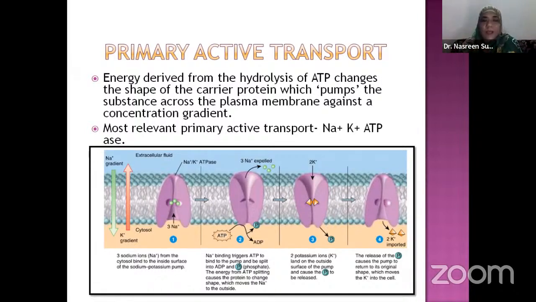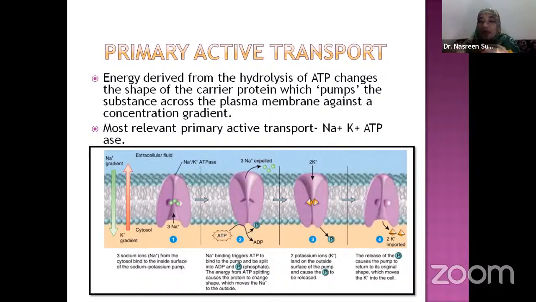In the same way, the sodium ion concentration is more in the extracellular fluid and less in the intracellular fluid. So whenever you open the door, the sodium ions will be influxed. In the same way, the potassium is more inside. Whenever you open the door, immediately they will run away from the cell. That is potassium ions.